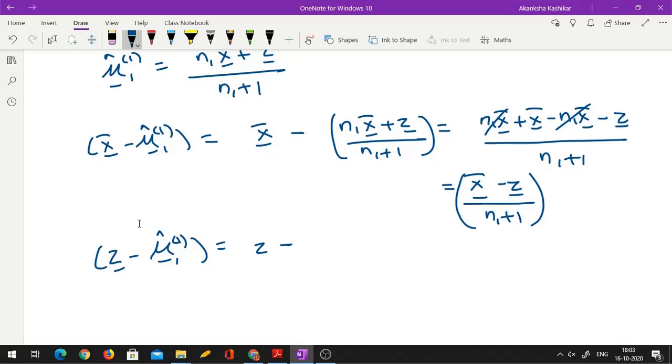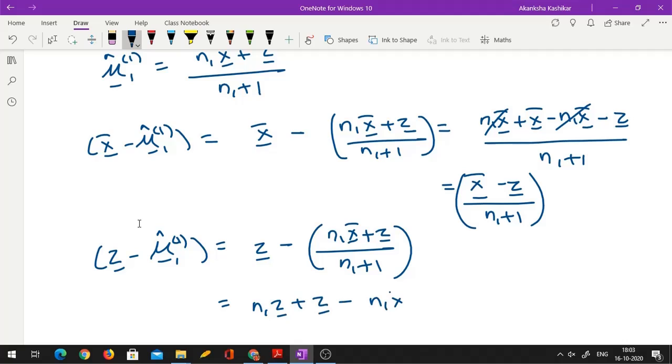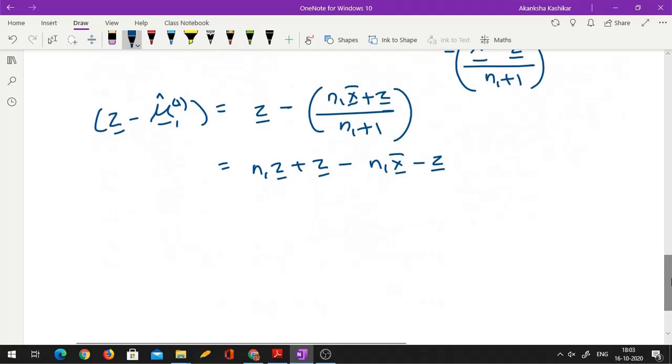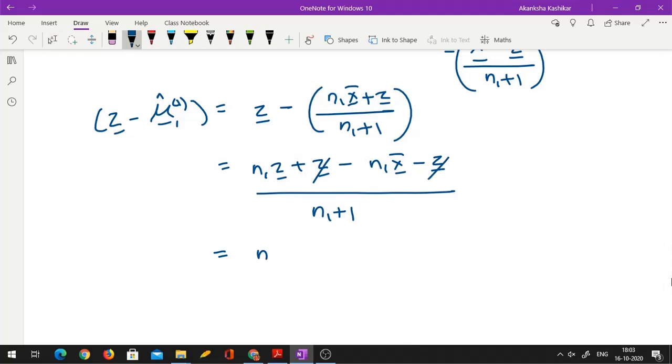So this becomes z minus n1 x bar plus z upon n1 plus 1, which is n1 z plus z minus n1 x bar minus z upon n1 plus 1. So this z gets cancelled, and I am left with n1 upon n1 plus 1 times z minus x bar.